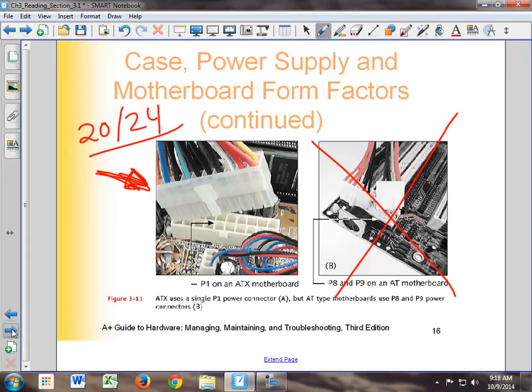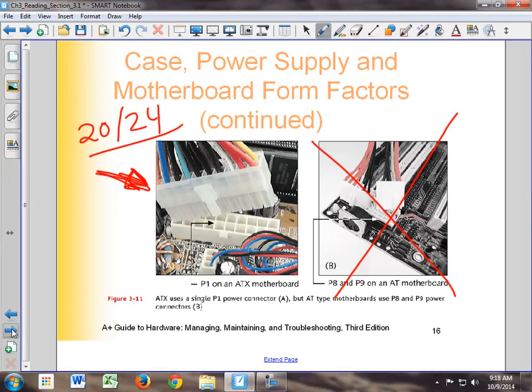This is a 24 pin Dell power supply. There's no sliding off of anything. It'll only work on another 24 pin computer, which is most of them anymore. Most of them are 24 pins. Both of these power supplies will power the same PC. Will they fit in the same computer? No, they're the wrong form factor.